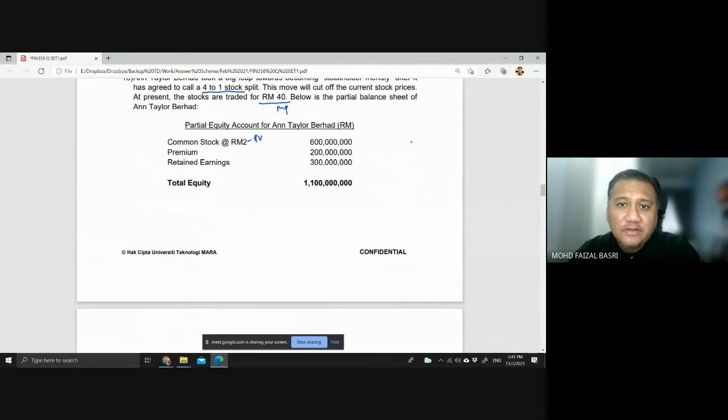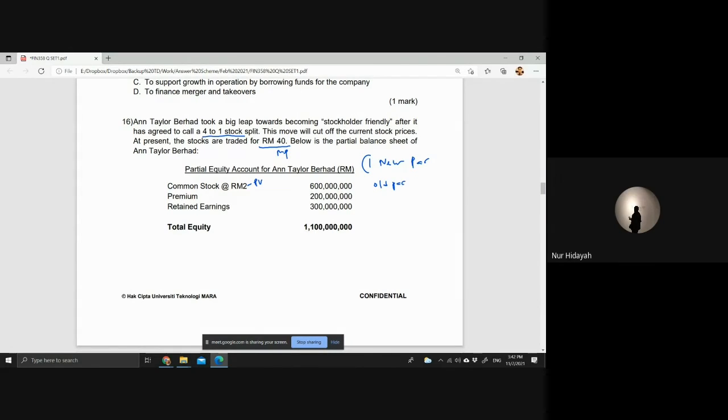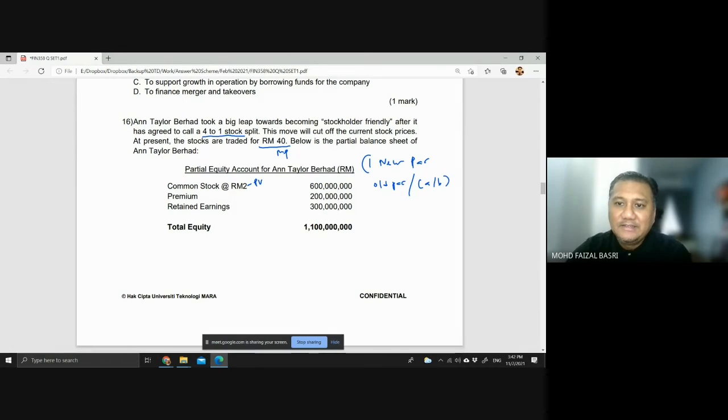Okay, so kalau remember, bila kita cerita pasal stock splits, what you need to do ada dua je. First, to find new par. So macam mana nak cari new par? Old par RM2 bahagi, yang A bagi B tu kan, ingat kan?